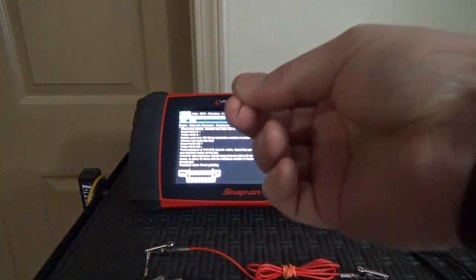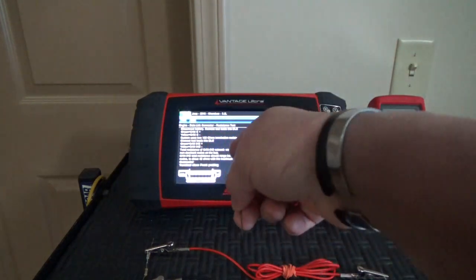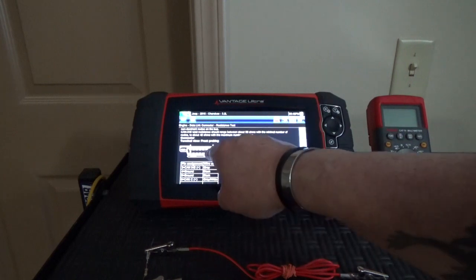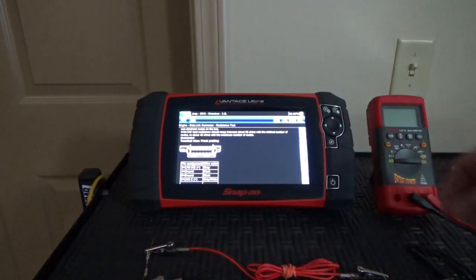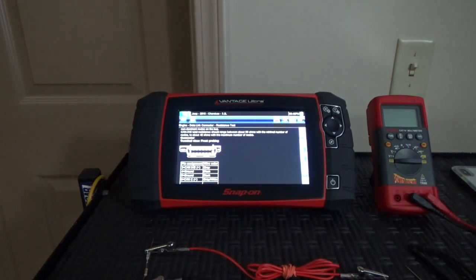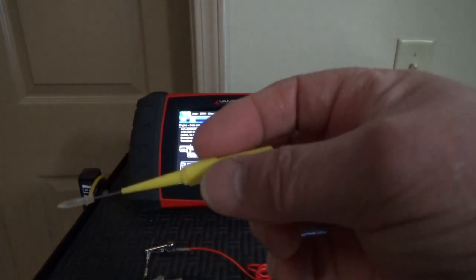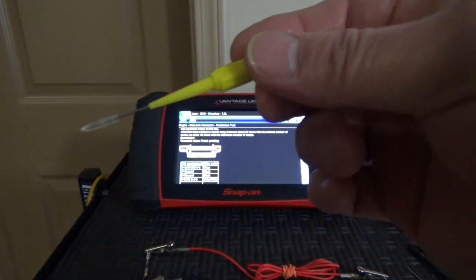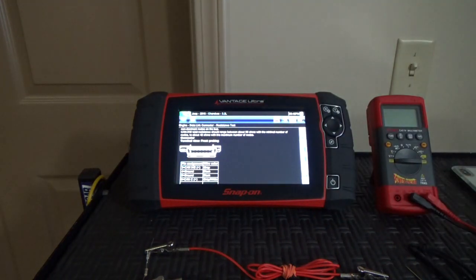Unless you are back probing the OBD2 connector, not from the front, from behind. You can use a T-pin. But when you are using it in the front, you want to use a very skinny probe like this that prevents the terminals from opening. So that's how you measure resistance in the CAN bus.